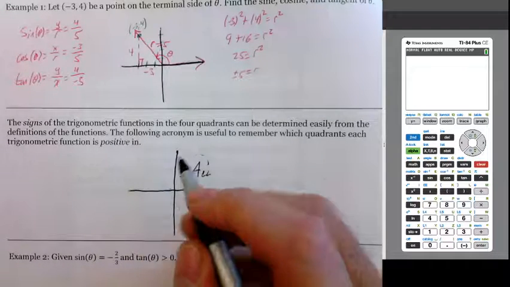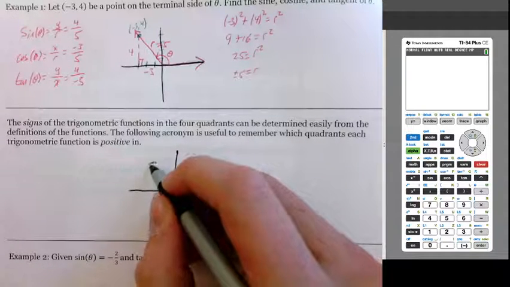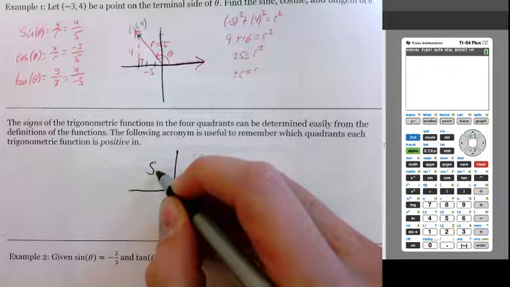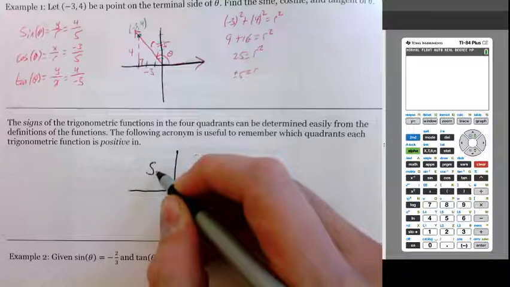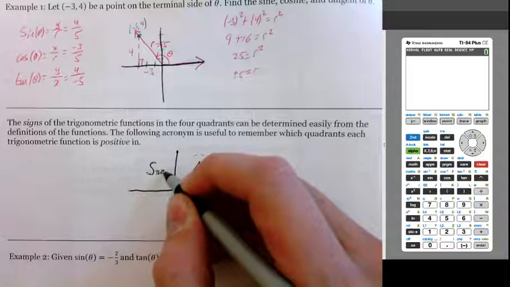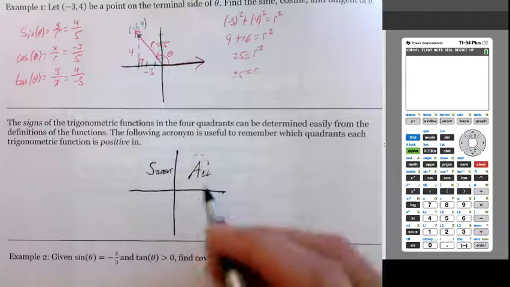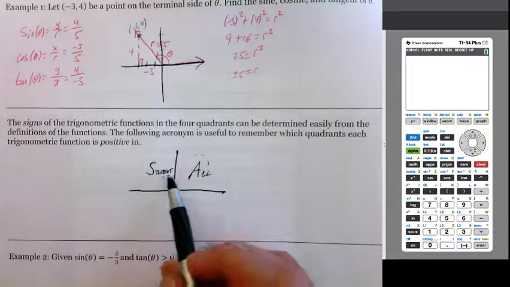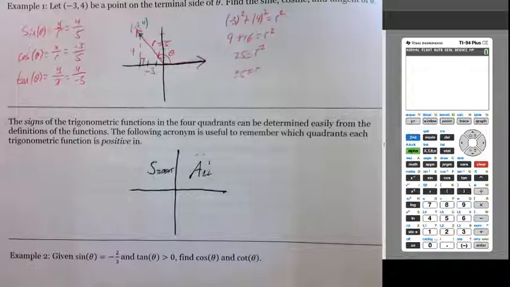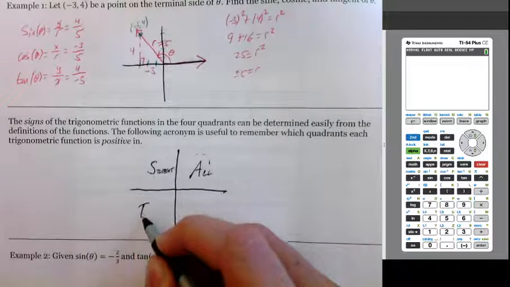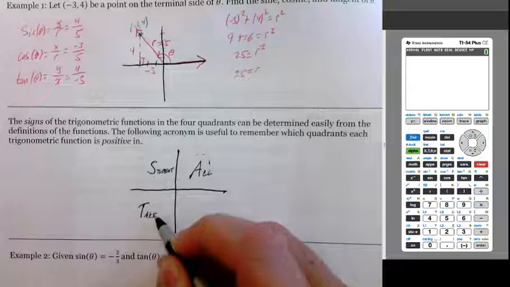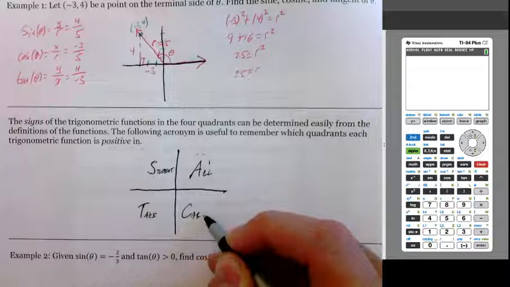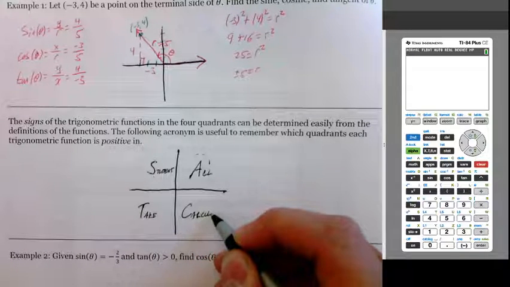In the second quadrant, the only function that's positive is sine. I'm creating an acronym here: All Students Take Calculus. A is for all, S is for students, which we remember with sine, and T and C follow.